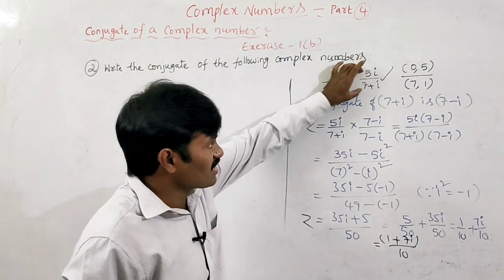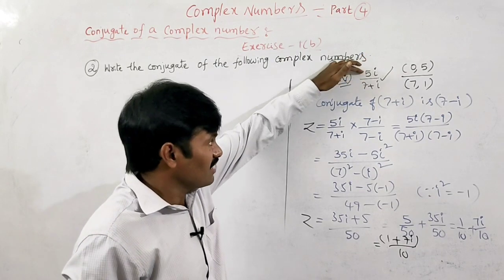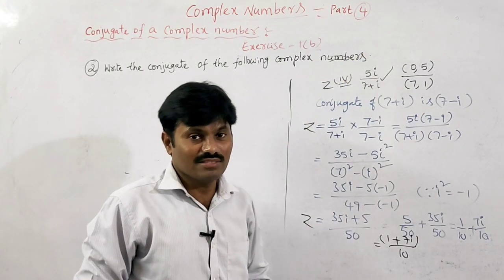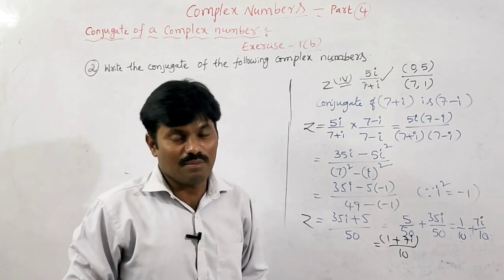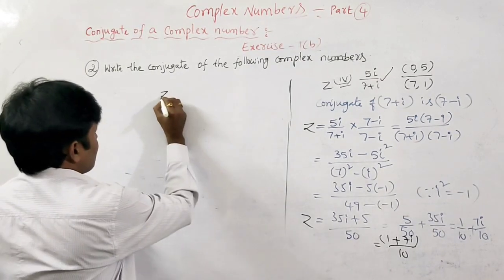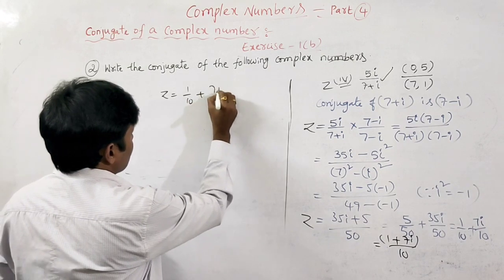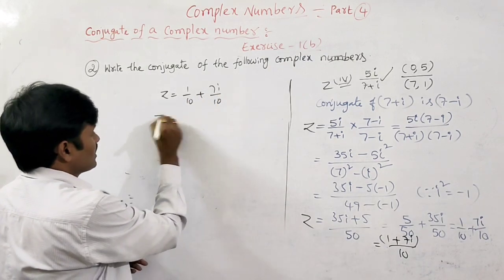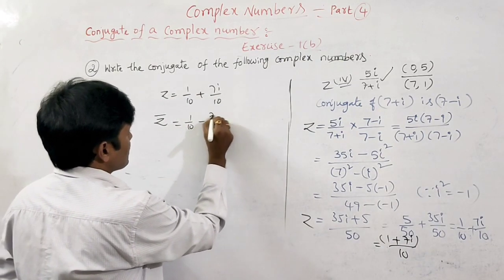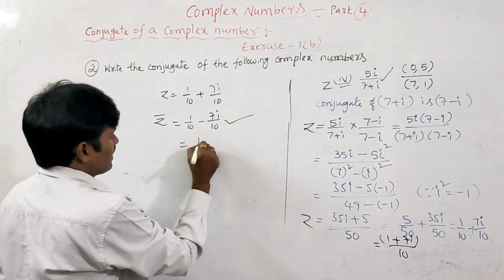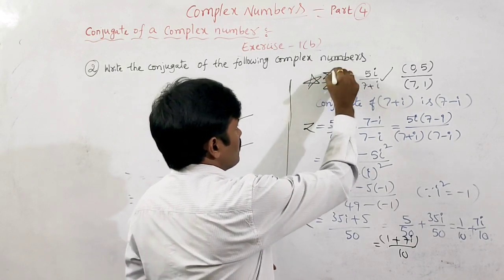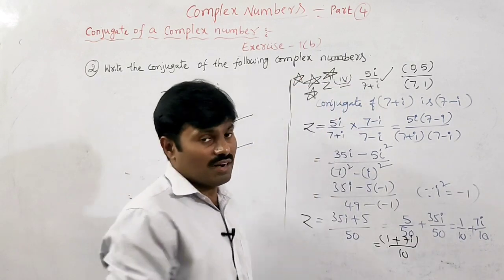In this case, it is difficult to write its conjugate because in the denominator we have an imaginary part and in the numerator also, so we have expressed it in a plus ib form. Now it is easy to write its conjugate, where z is equal to 1 by 10 plus 7i by 10. Then its conjugate is 1 by 10 minus 7i by 10, or else we can write it as 1 minus 7i by 10. The most important problem for IPE for 2 marks.